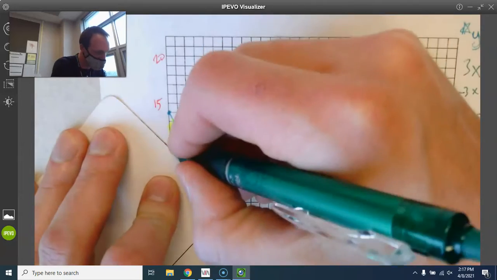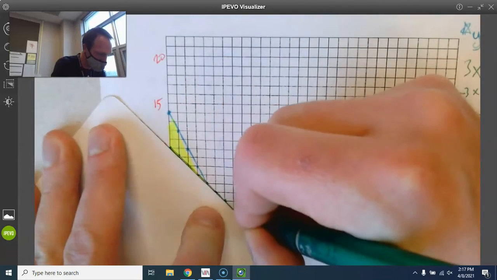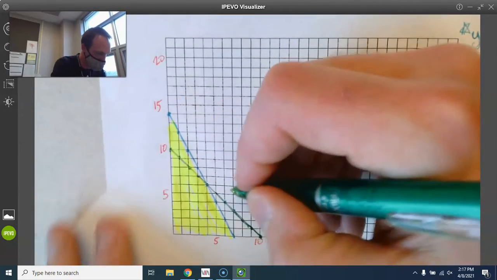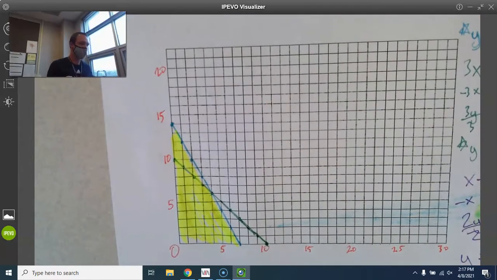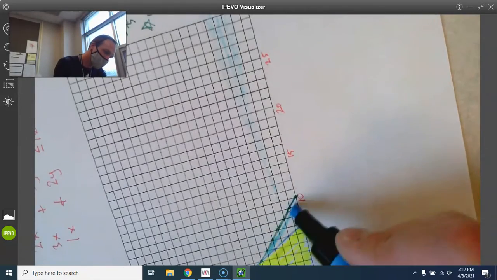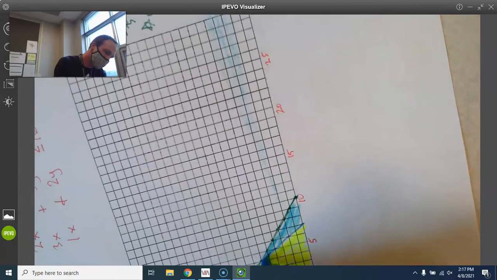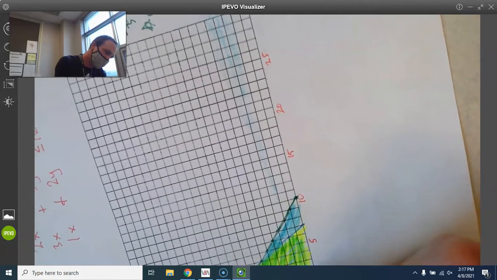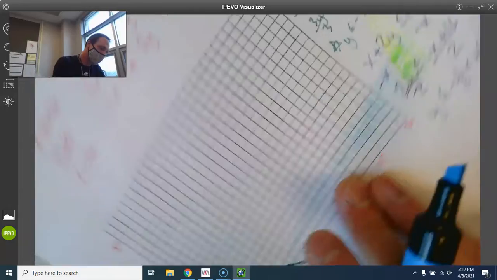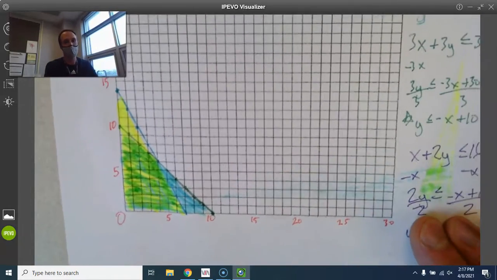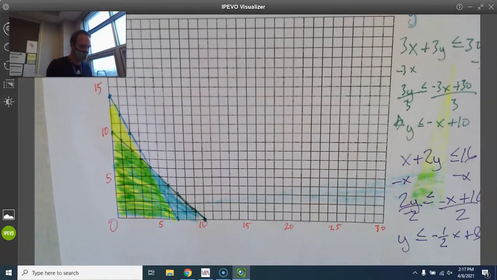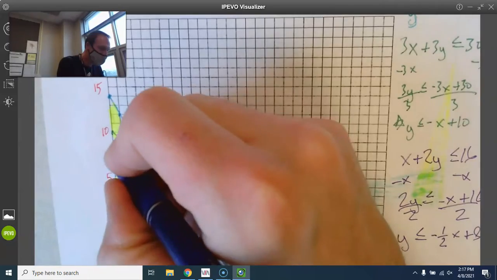After you do 2, you might see where you think the solution might be. It's a reasonable guess. Sometimes the point doesn't quite match up though. Oh, I need to shade blue. There we go. And then my purple, plus 8.